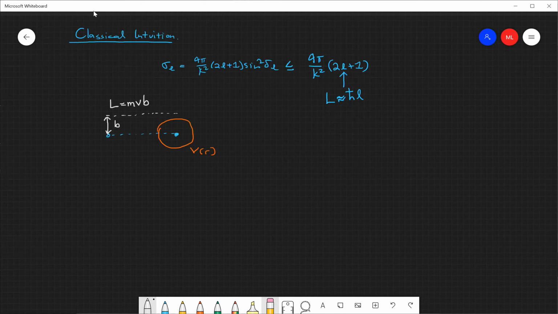So that means we are considering incoming particles shooting in here, or I should say, I should draw this up here. So this is the incoming particles coming in at this impact parameter. It's coming in with a particular momentum. So this is equal to a linear momentum times the impact parameter, which we know now is h bar k. b is coming in with a particular k, and this is approximately equal to h bar L for this particular contribution.